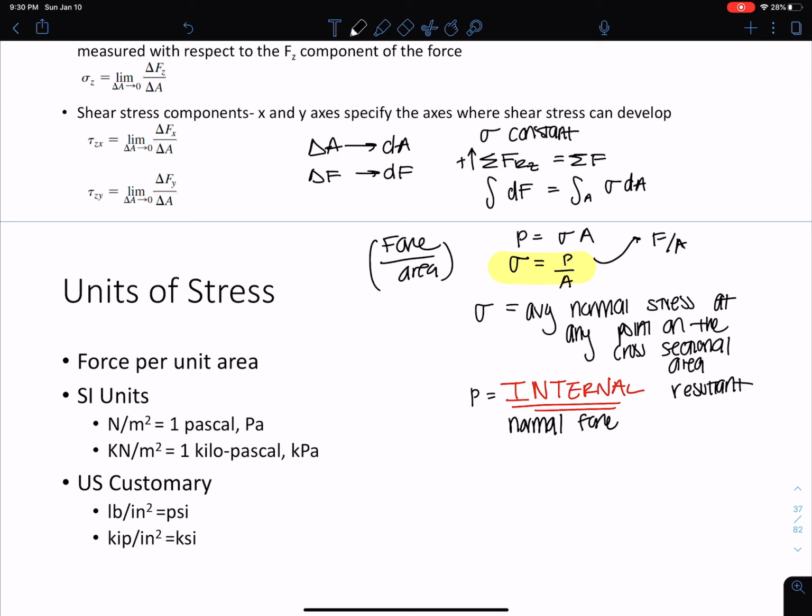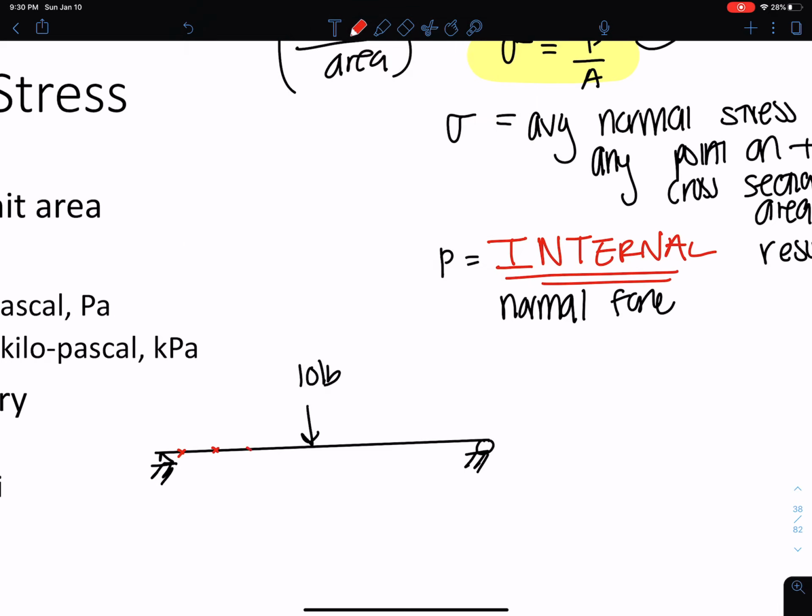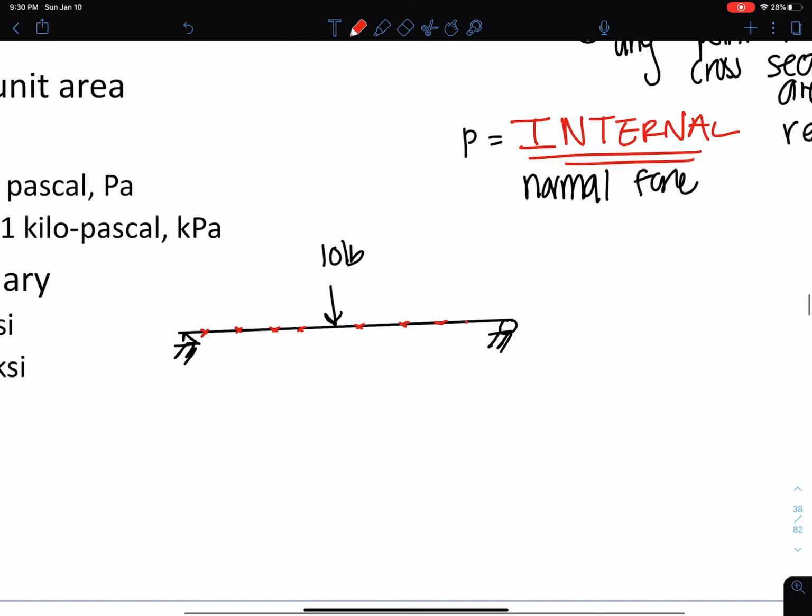So you can think about this. If I have a beam that's subject to, let's say, some loading, let's just say 10 pounds, it's simply supported. I hope you guys can all see the stress changes at different points. Let's say this beam has a rectangular cross section like this.